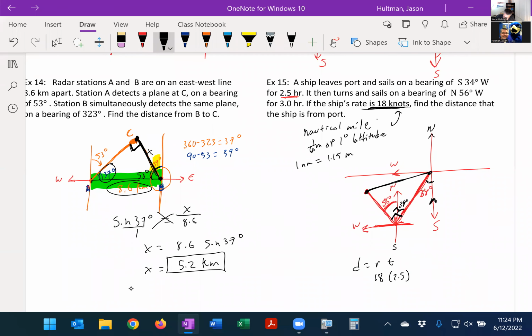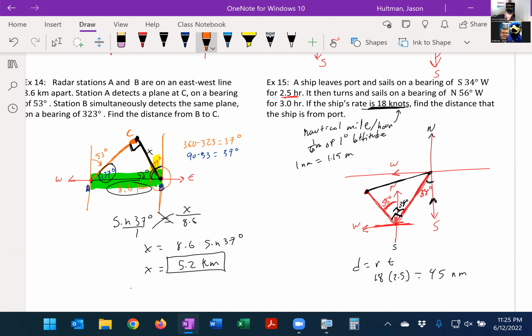A nautical mile is just a nautical mile, but a knot is a rate. It's a nautical mile per hour. So we canceled out the hours, and I'll put NM for nautical miles. So 45 nautical miles is here.